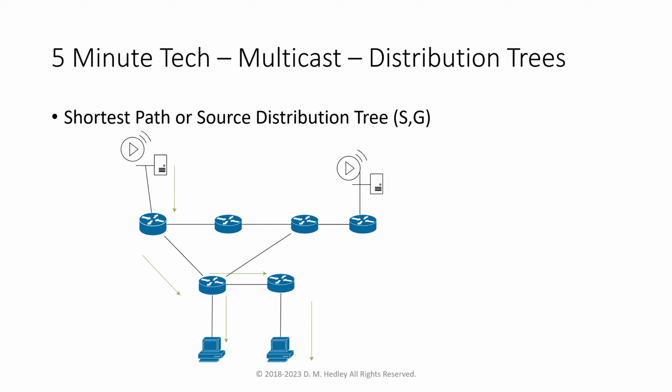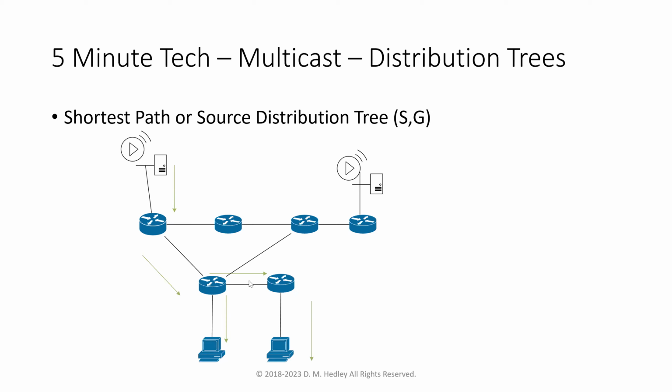The idea is we have the shortest path, or source, distribution trees. It's all about getting to the source, and it's the best unicast path. At each place, if I do a show ip mroute, I'm going to see on this router, for example, the one on the upper left, that's my incoming interface.